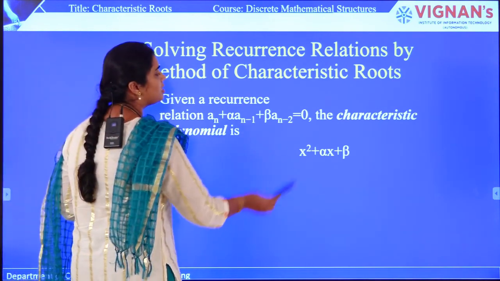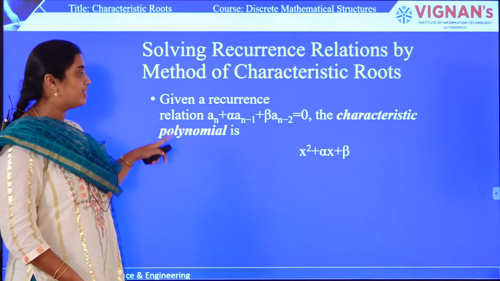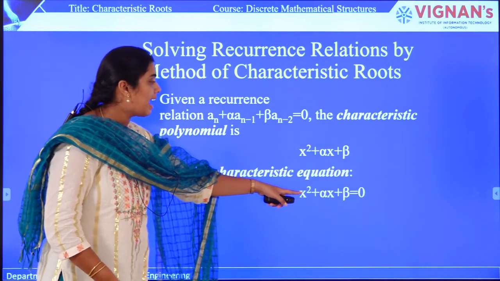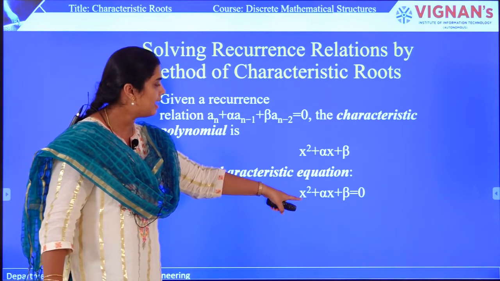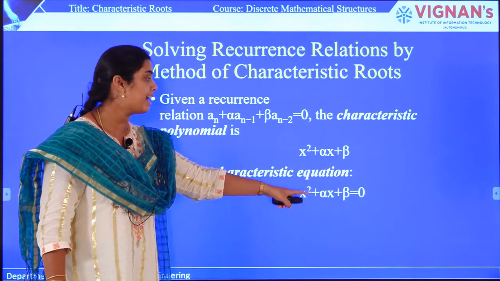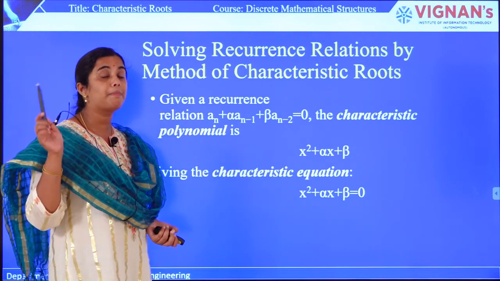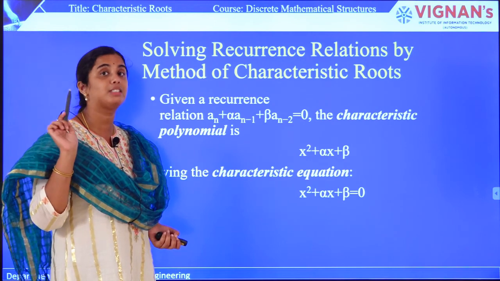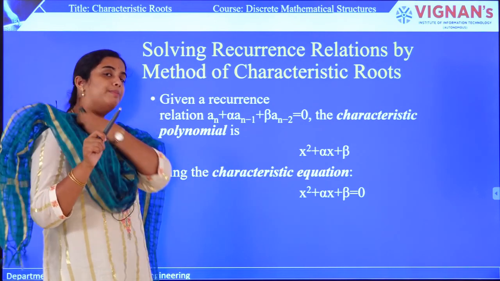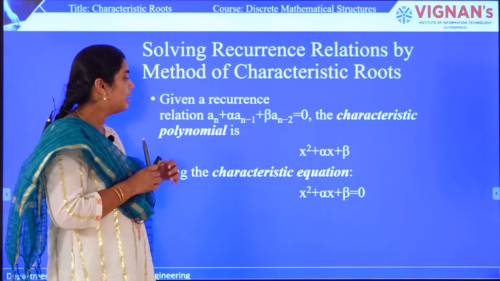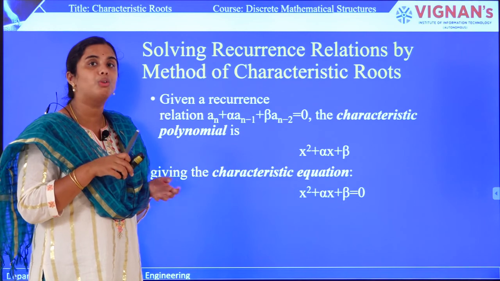So this is the characteristic polynomial notation of the given recurrence relation, and this is the characteristic equation of the given recurrence relation, that means x squared plus alpha x plus beta is equal to 0. Okay? From our previous mathematics, we have learned how to solve this characteristic equation and get the roots.